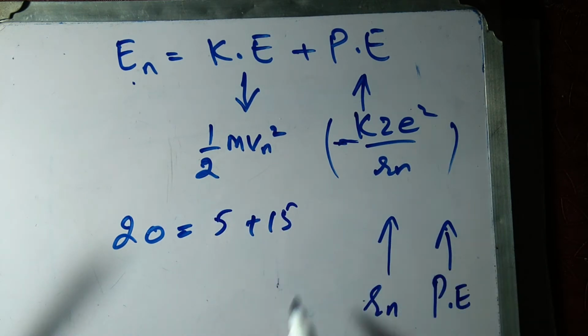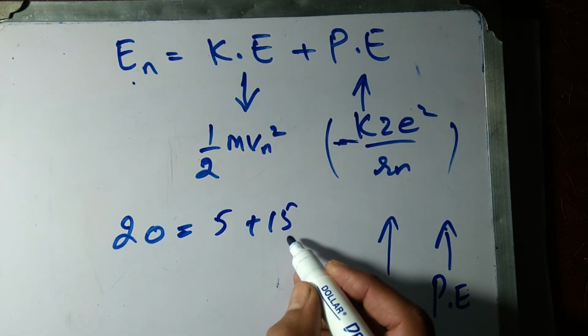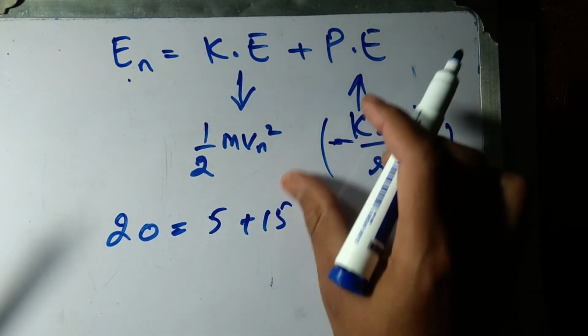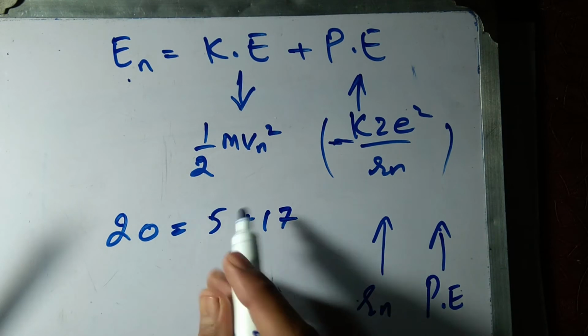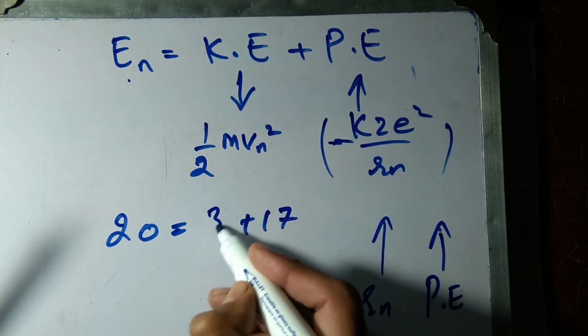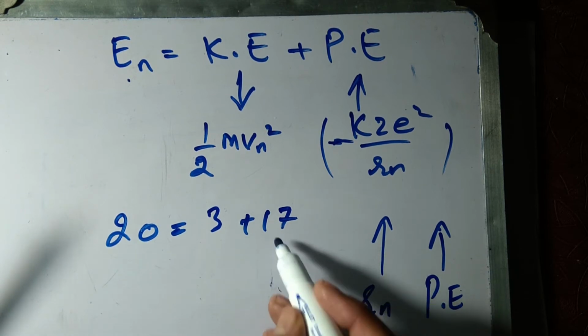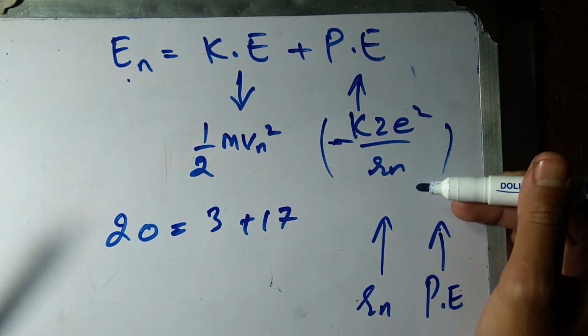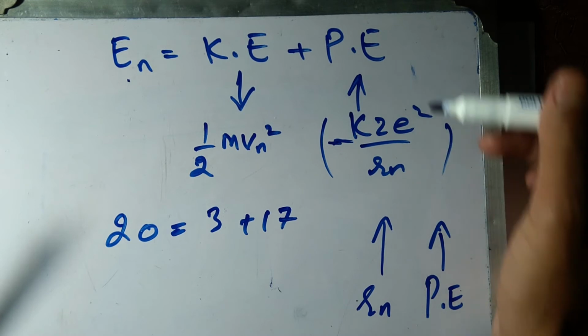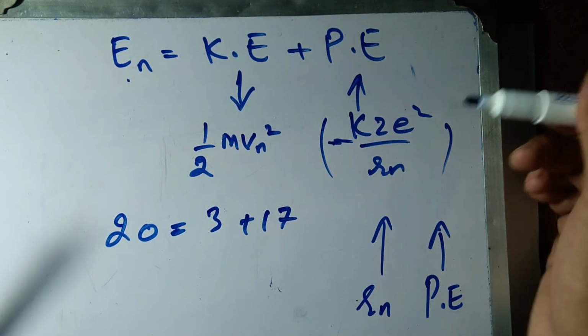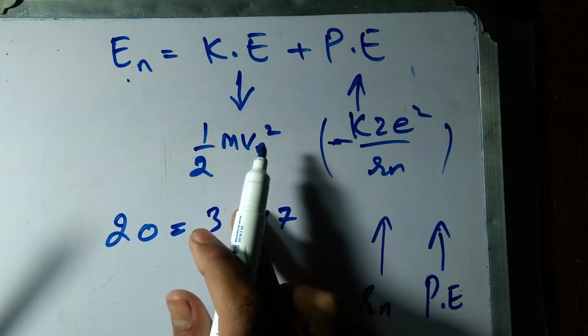As the 15 term increases and goes to 17, this other term decreases and the overall total remains constant. So as R of n increases, the potential energy increases, and because of that increase, the kinetic energy decreases.